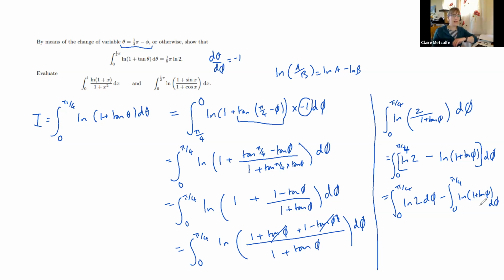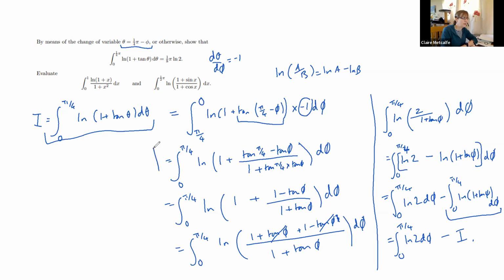And what you should notice now is that this part here is exactly the same as this part here, apart from instead of the dummy variable being theta, the dummy variable is now phi. So this is equal to integral 0 to pi by 4 log 2 d phi minus I. Okay, so that's been quite a few lines of working. When you're working on A4 paper, you can just keep going down. Let's just finish off in this box over here.